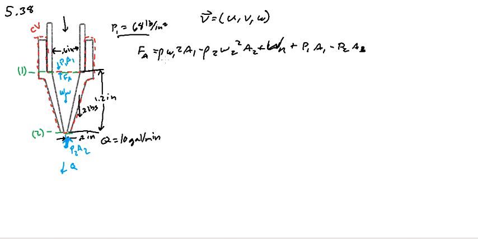This is velocity downward. It's odd that they would do that. But apparently downward is positive the way they set this up. So density times velocity downward times the first area. And this is going to give us a force.